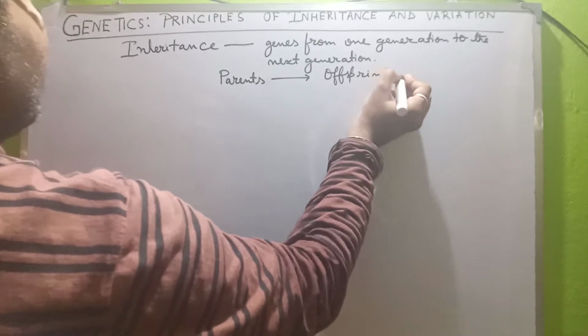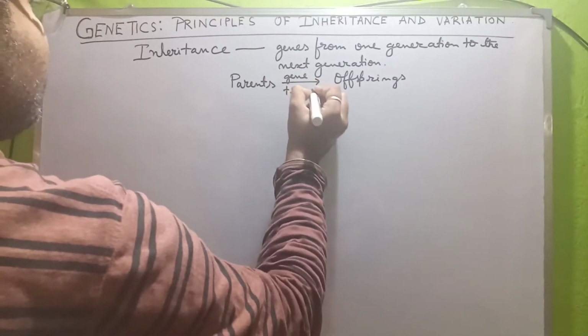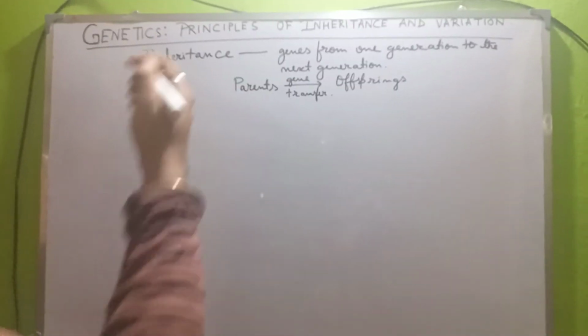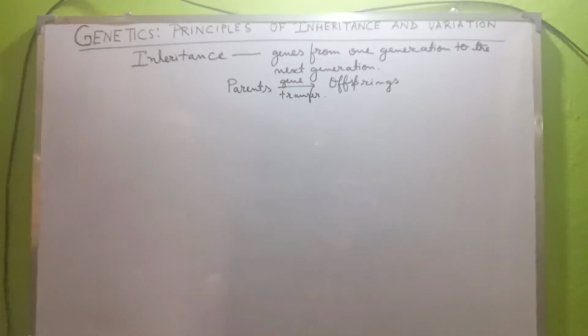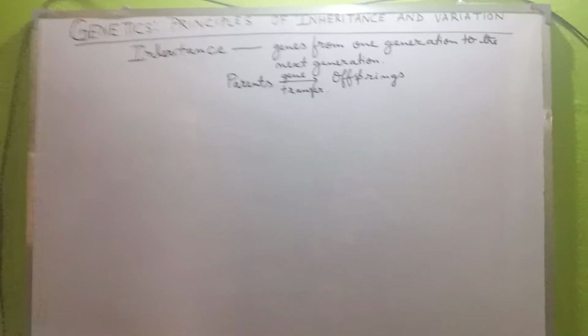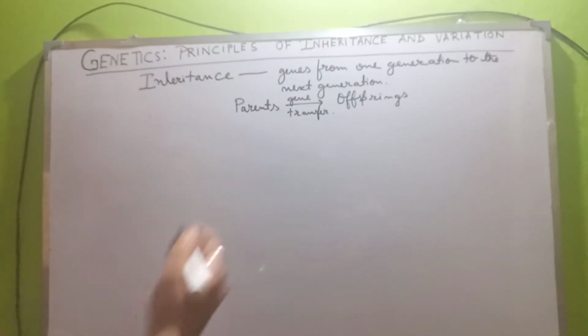The transfer of genes that takes place is known as inheritance. This is the most simple definition: the offsprings always get genes from their parents. So that is what this phenomenon is known as inheritance.